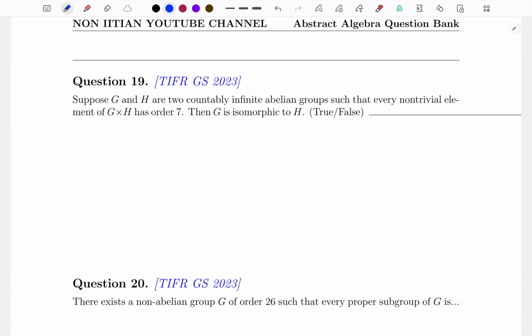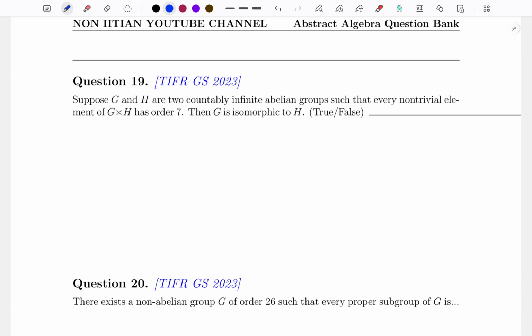Now see, typically, at least I feel that this should be true, because the first example which is coming to my mind is... okay, so they are wanting you to have two countably infinite abelian groups.